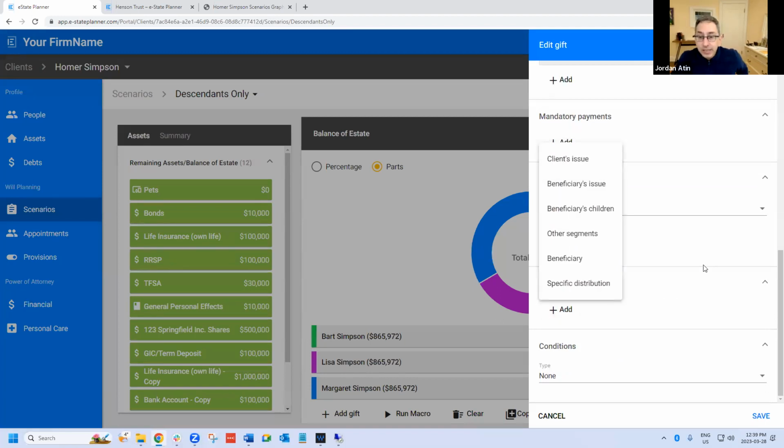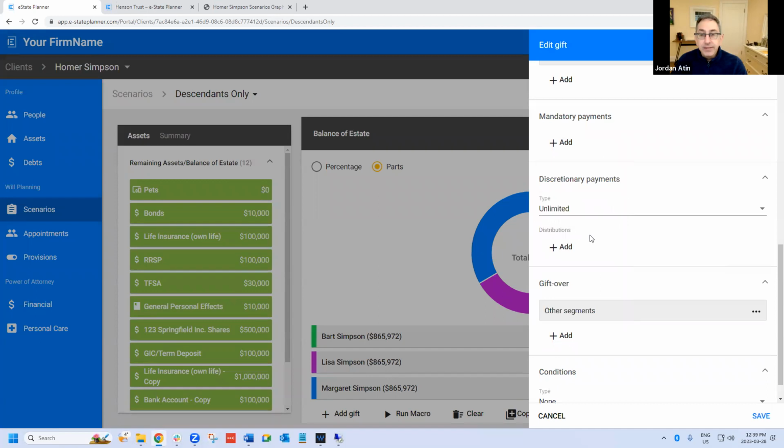And now you'll see there's something called other segments. Okay. So what that means is if Lisa's not alive, right now I've put other segments as the only gift over. That means if Lisa's not alive at the end of the trust, then it's going to be distributed among the other segments. That's Bart's portion and Maggie's portion.